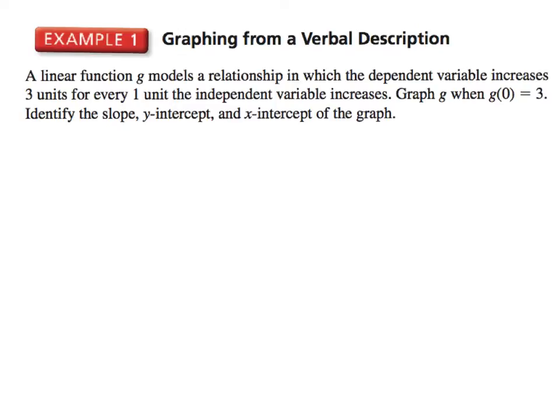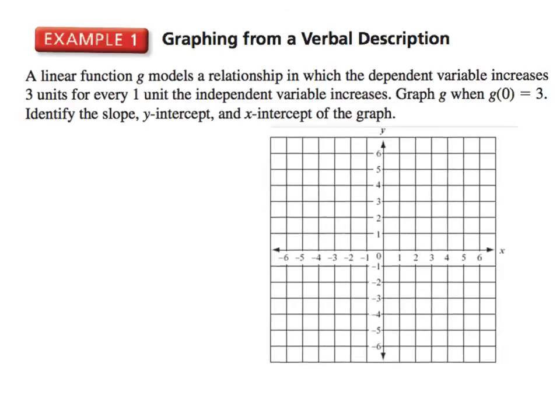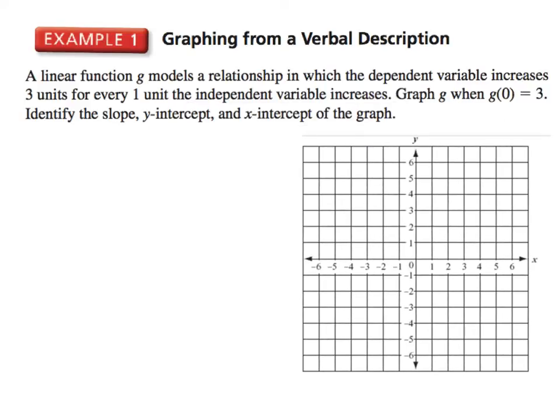So let's look at what we have here. We know, because it's linear, it has a constant rate of change. That's important. So we know this has a constant rate of change. Now, independent. What variable is the independent variable? Good. That's right. The independent variable is x. The dependent variable is y.